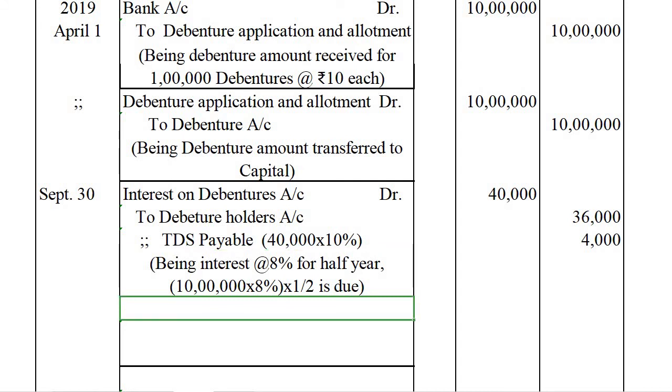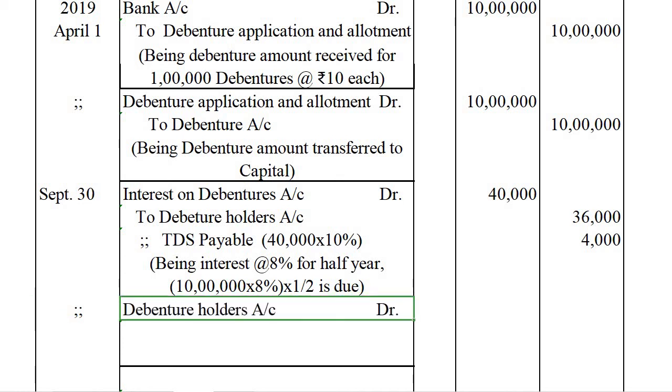Being interest at the rate of 8% for half year, that is 10 lakh is the face value into 8% is the interest into half, that means for half year, is due. And on the same date it should be paid to the debenture holders. How much will be paid?